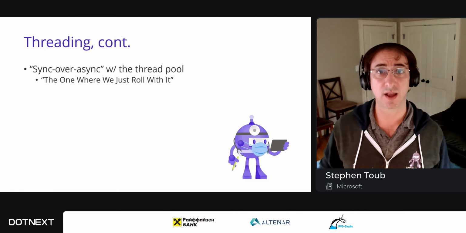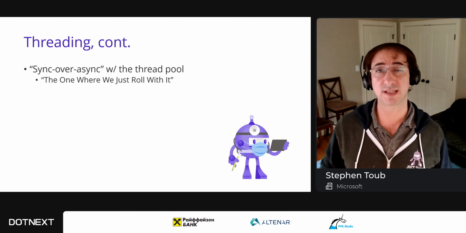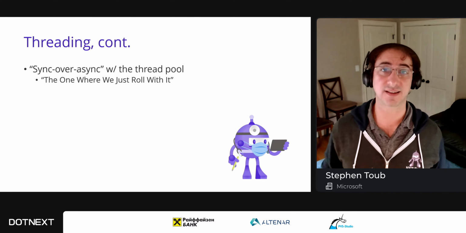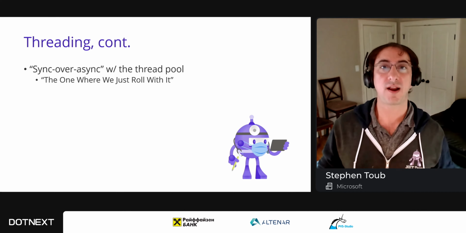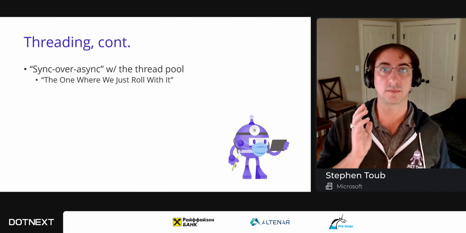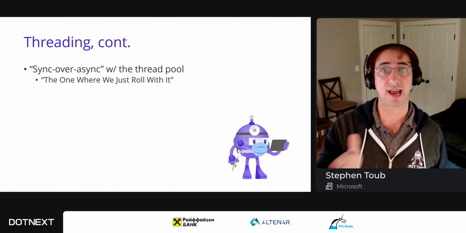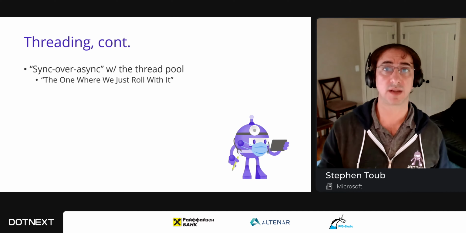There are workloads that do a lot of blocking. And in fact, there are workloads that do the worst kind of blocking, which is what we call sync over async. And this is where on a thread on the thread pool, you create some asynchronous operation, and then you block waiting for that asynchronous operation to complete.